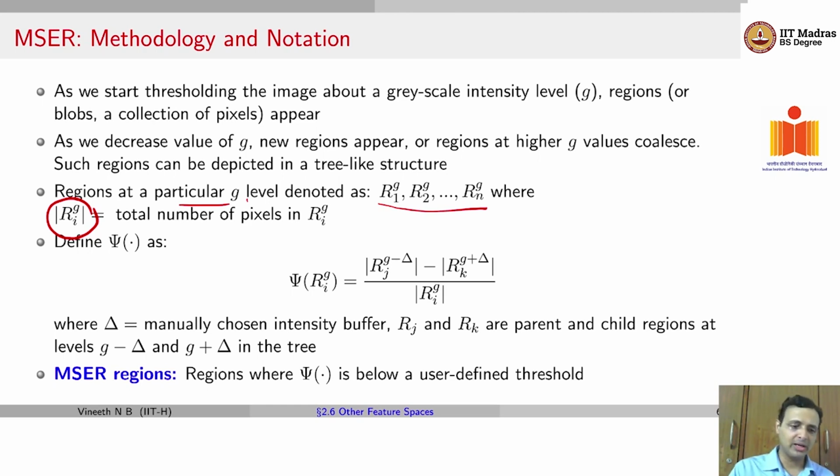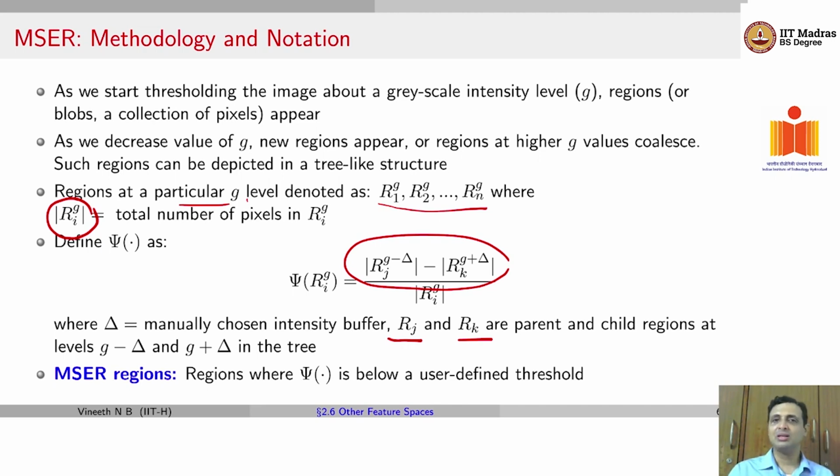Then we define a quantity psi, which is given by the cardinality of Rj at G minus delta minus the cardinality of Rk, another region, at G plus delta, divided by the cardinality of Ri. Rj and Rk are parents and children of Ri, of that corresponding region, at slightly different thresholds G minus delta and G plus delta.